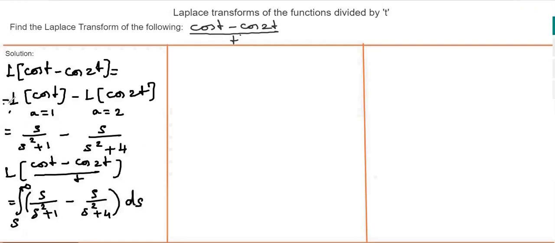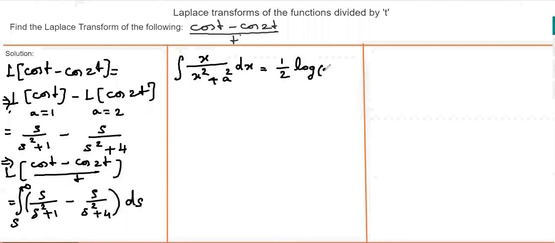So the first step we have applied the Laplace. The second step we have applied the method which is divided by t. Now while you integrate this kind of format, you have a formula: integral x by x square plus a square dx is half log of x square plus a square.